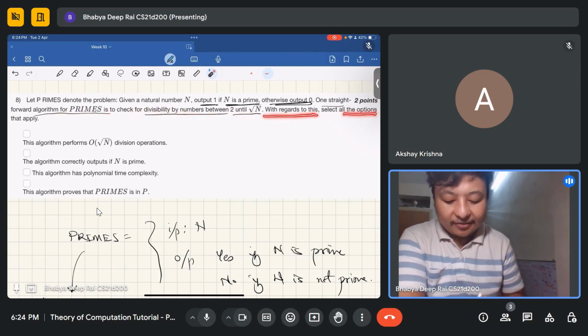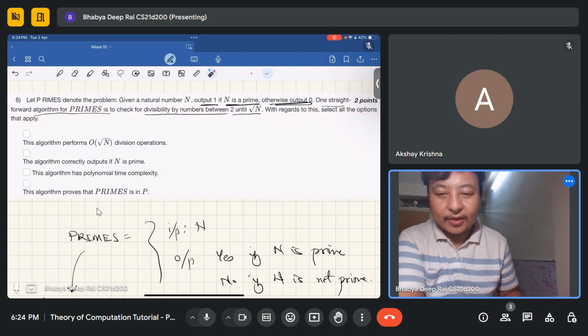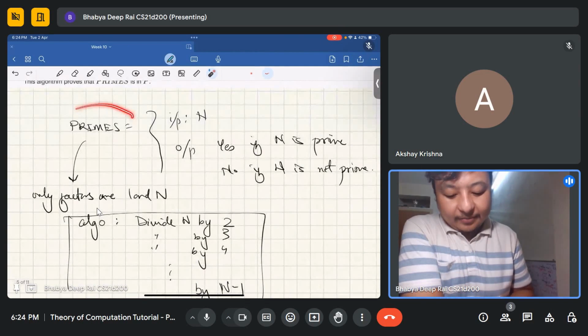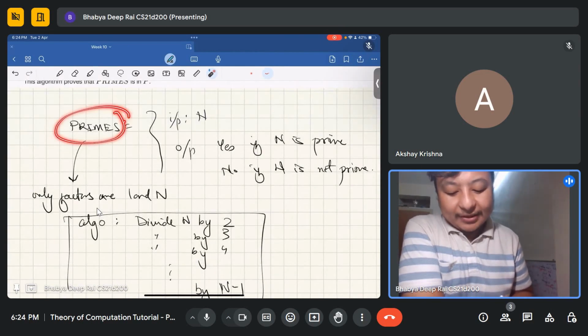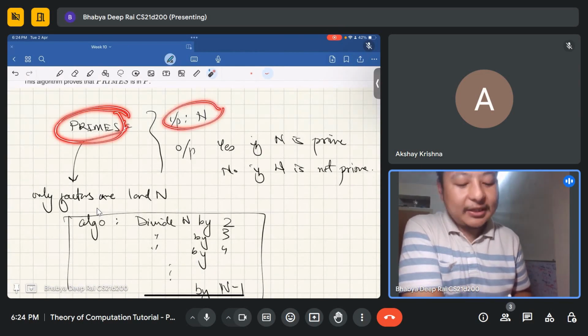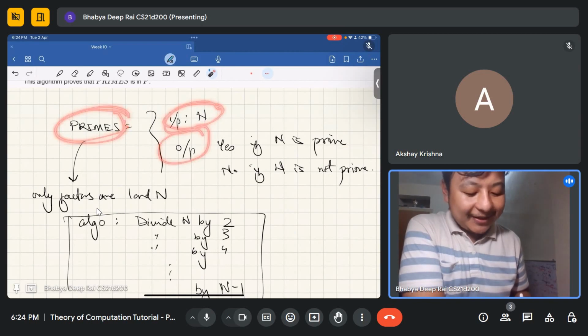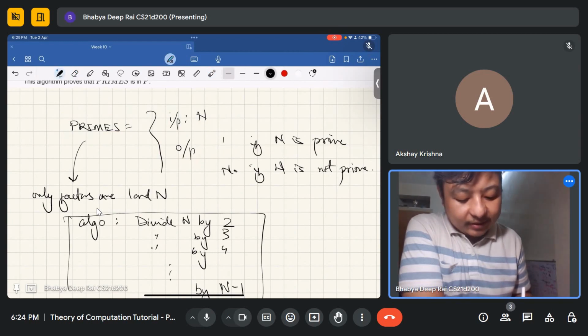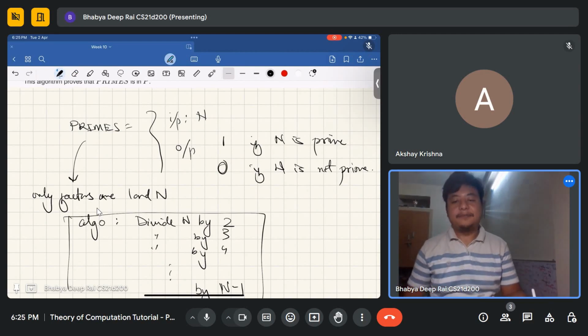With regards to this, select all the options that apply. Now, what is the language primes? If the input is n, then the output is yes if n is prime, or in the question, 1 if it is prime, and 0 if n is not prime.